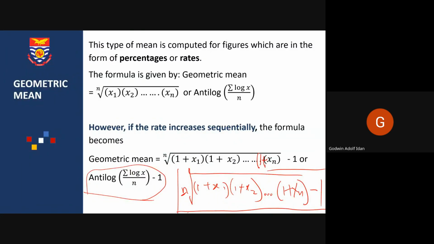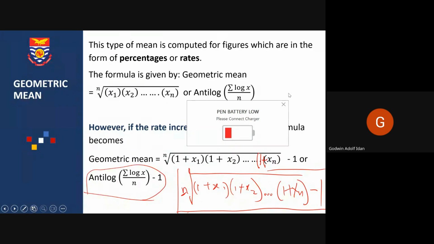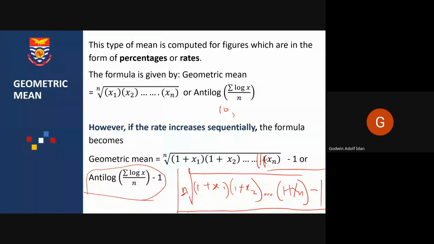For instance, let's say we want to compute the mean for the following rates. Let's assume you have 10%, 15%, 20%, and then 25%. Let's try this question and see.